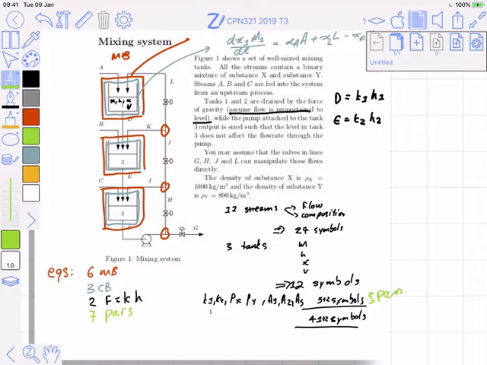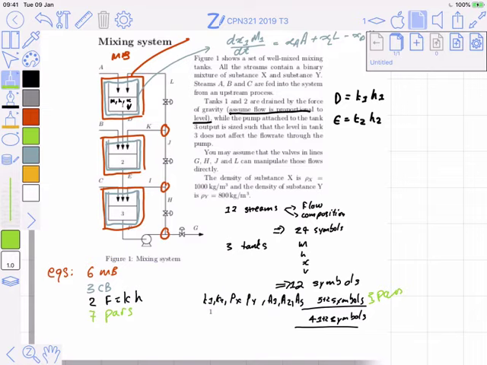Then we have all of the specifications about equality on the right-hand side, all those component balances. So I count 1, 2, 3, 4, 5, 6, 7 component amounts that are equal to the composition coming out of tank 3.